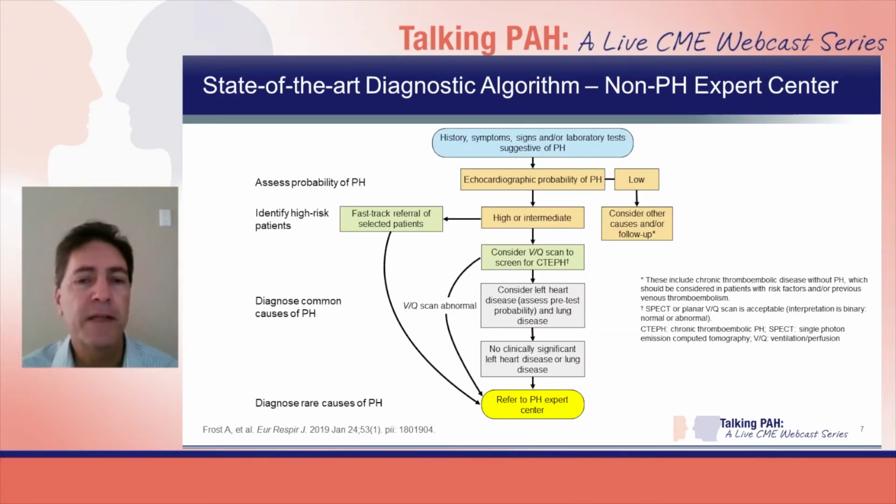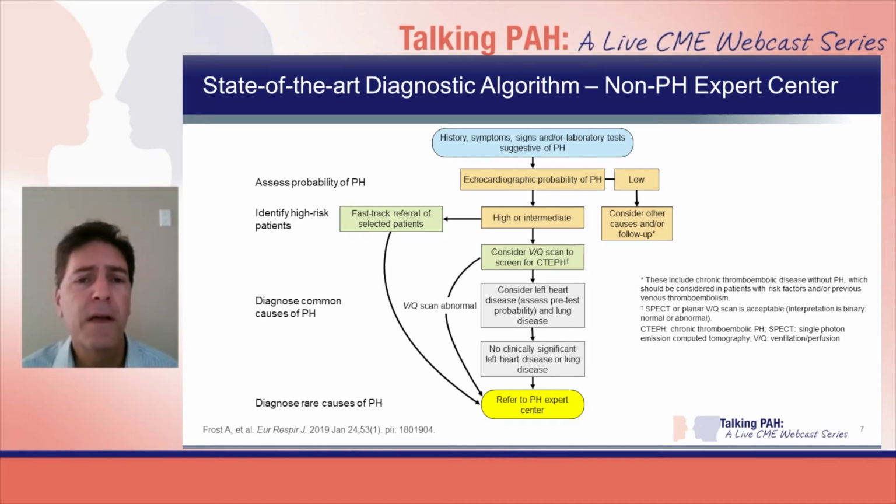There is a diagnostic algorithm that many of us use. This one comes from Adani Frost as the first author in the European Respiratory Journal that describes the diagnostic algorithm for pulmonary hypertension patients from the proceedings of the World Symposium on PH.